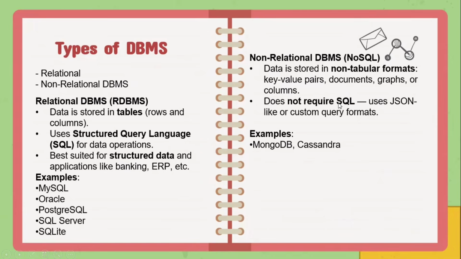And non-relational DBMS does not require SQL. It uses JSON-like or custom query formats. The examples of RDBMS are MySQL, Oracle, Postgres, SQL Server, SQLite, etc. And the examples of non-relational DBMS are MongoDB, Cassandra, etc.